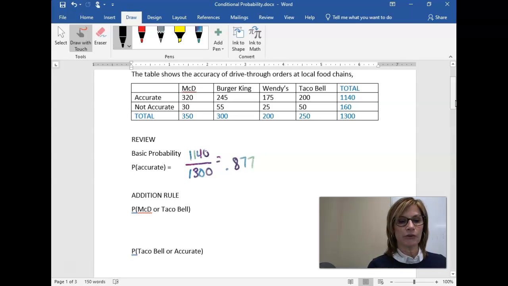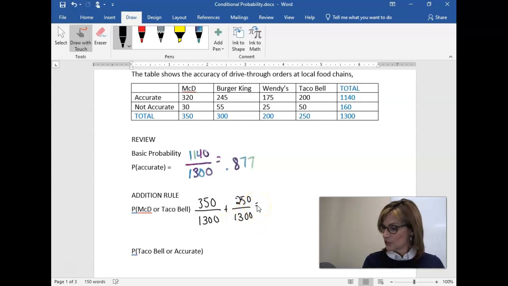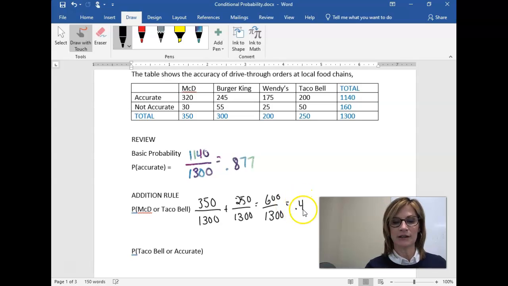So McDonald's, we have 350 out of 1,300, and Taco Bell we have 250 out of 1,300, which gives us 600 out of 1,300, and with three significant digits, 0.462. Okay, so those are disjoint.